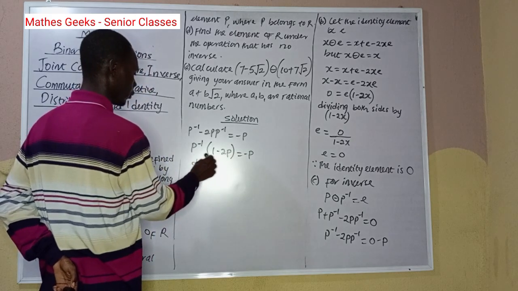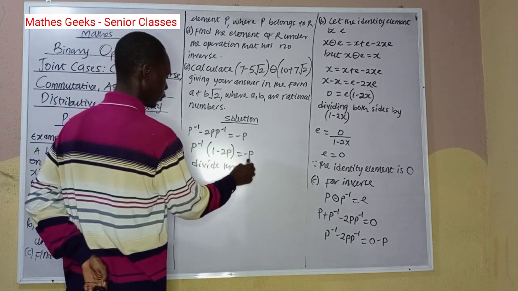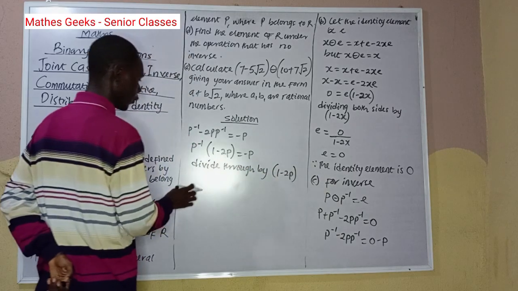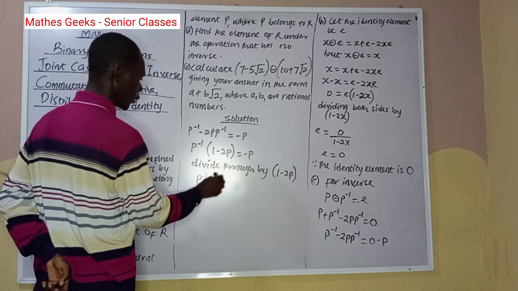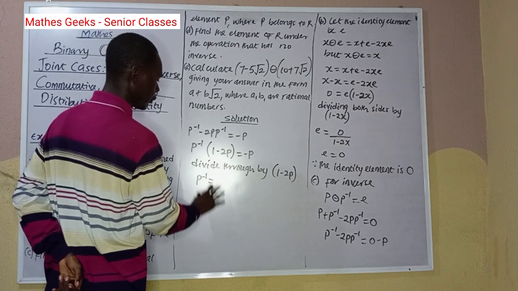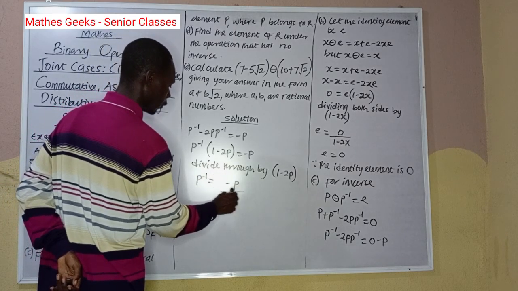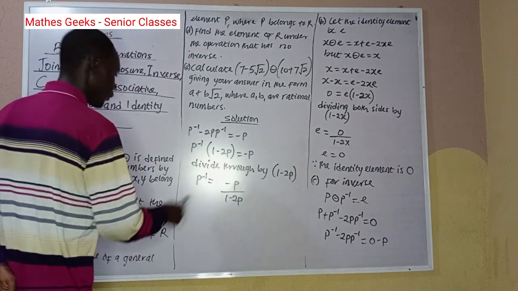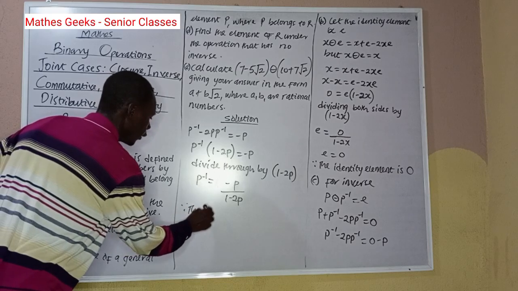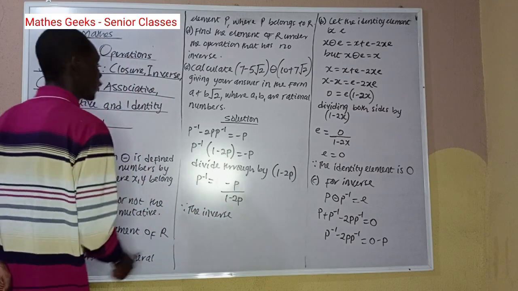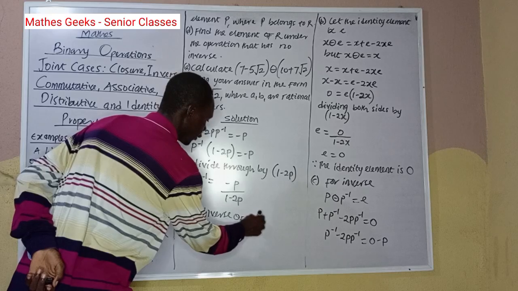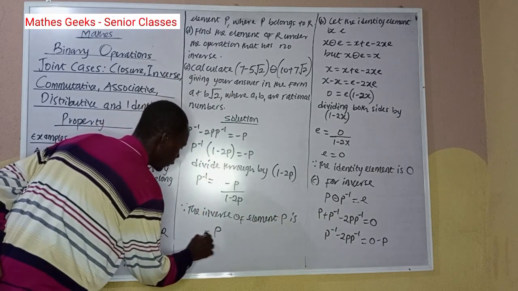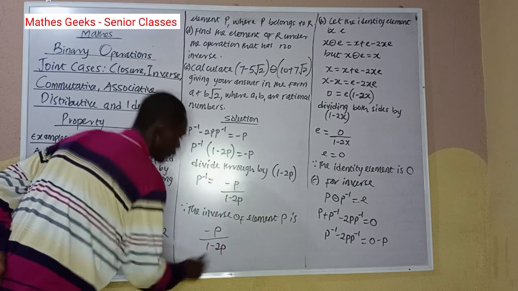We divide through by 1 − 2P. That will give us P⁻¹ equals −P over 1 − 2P. So therefore, the inverse of element P is −P over 1 − 2P.